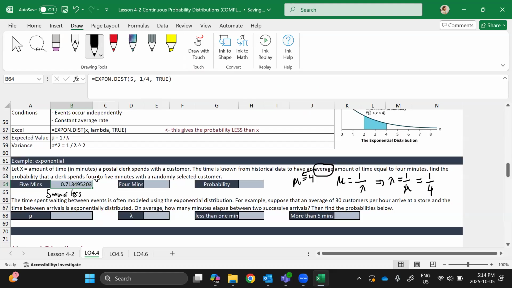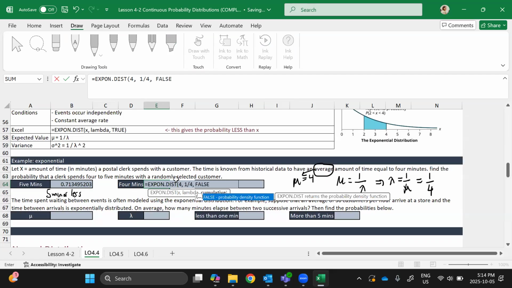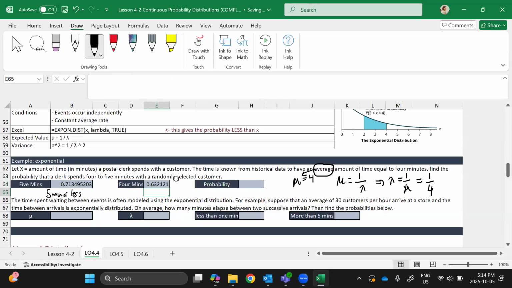It asks us for between 4 and 5 minutes. So the next step is I'll find expon.dist for 4 minutes, lambda 1 over 4, cumulative, oh, true. And that gives me about 63%. And this is technically for 4 minutes or less.